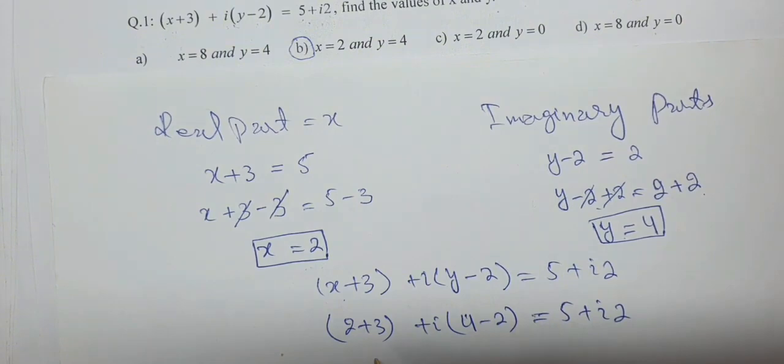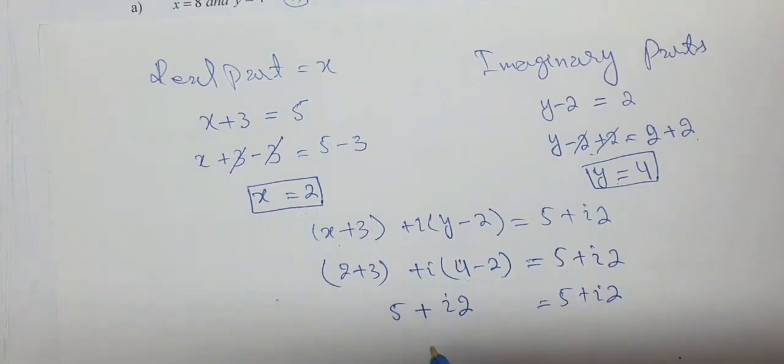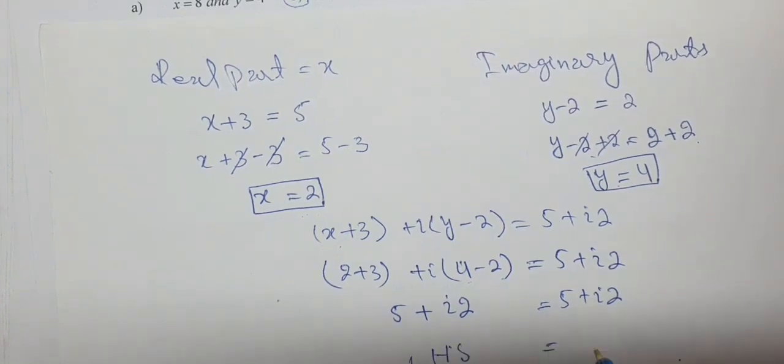From here you can see that we have this 5 + ι. Now here what we have is 4 - 2, that would be 2. So here you can see that the left hand side is the same as the right hand side.